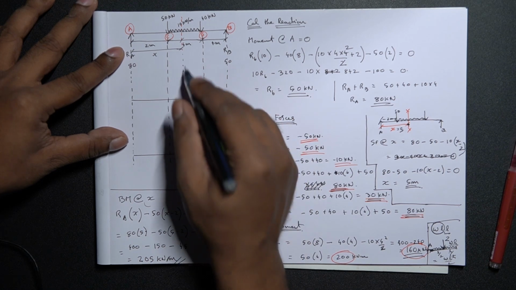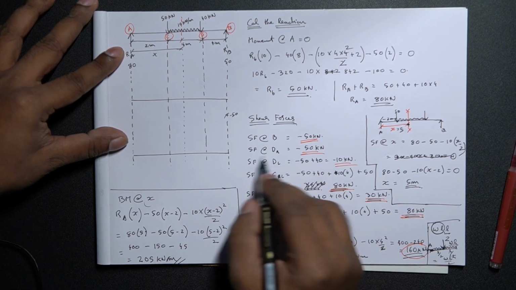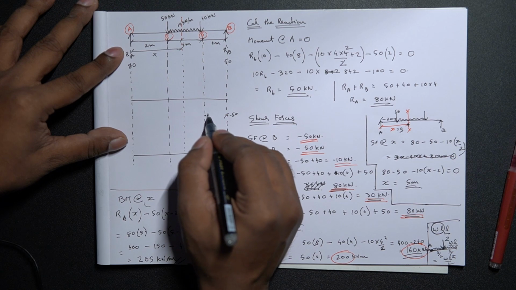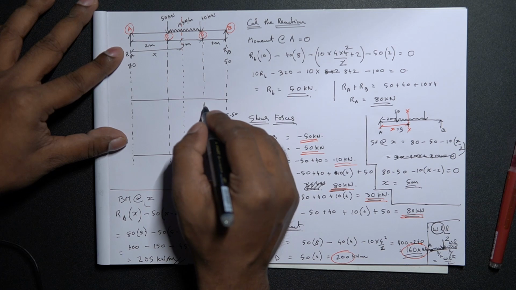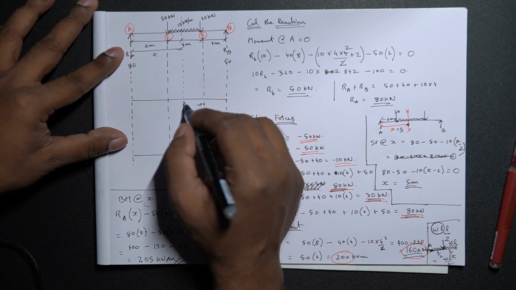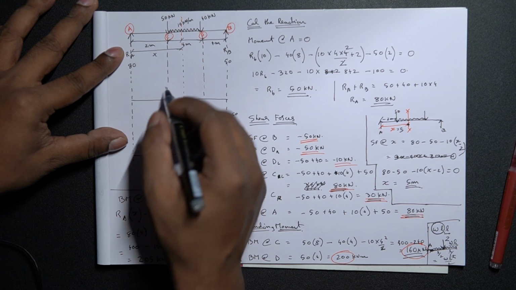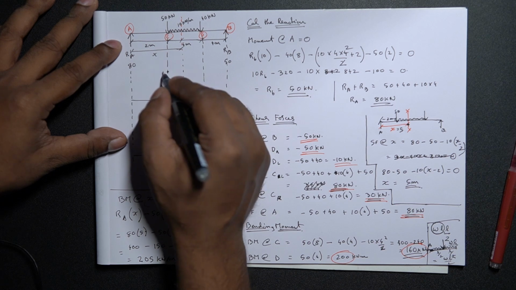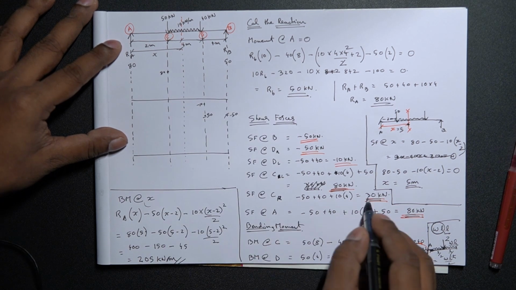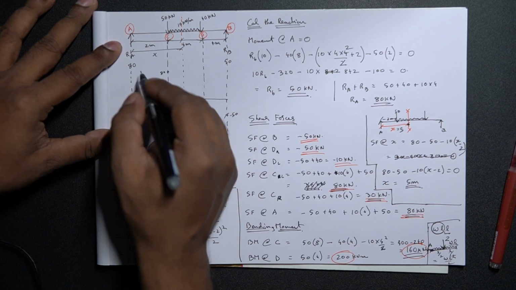This line represents the distance x from point A. So we have minus 50, then to the right of D another minus 50, then to the left of D minus 10, that will be somewhere over here. Then we have 80 to the left of C, and to the right of C we have 30, and at A we have 80.